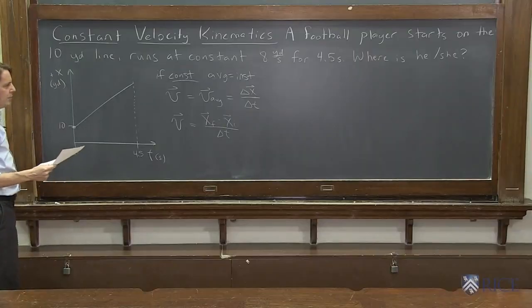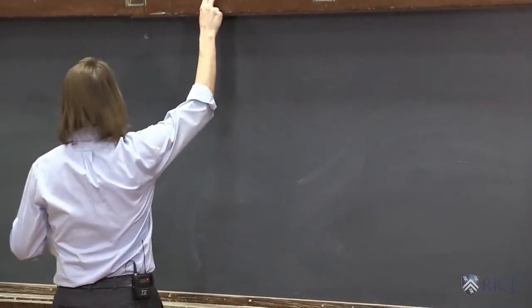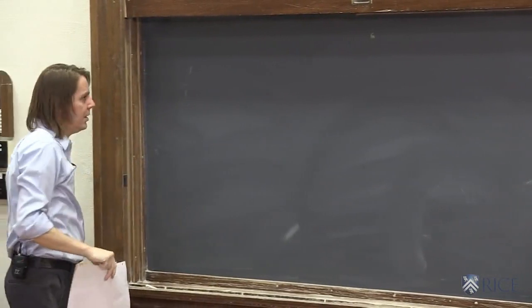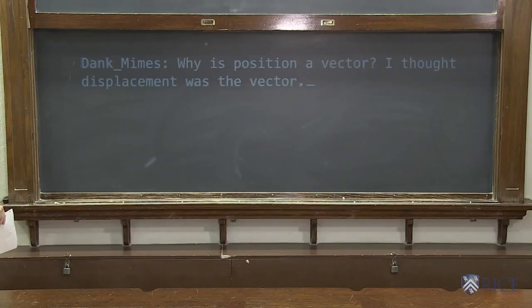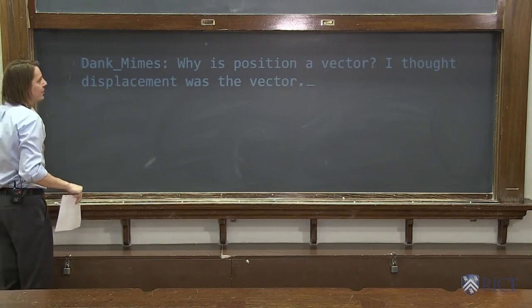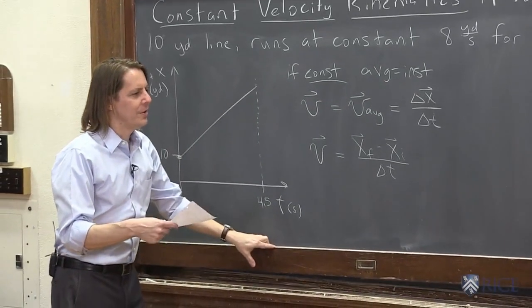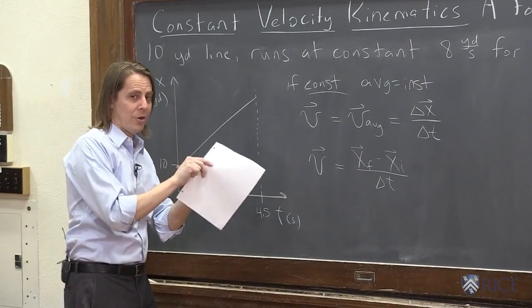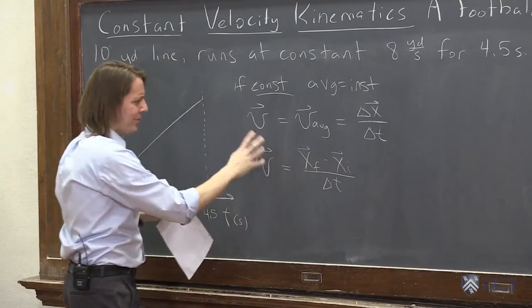All right, and then we have a question, and it is from Dank Mimes. Why is position a vector? I thought displacement was the vector. Okay, now I know what you mean. Yes, so we define displacement as a vector because it's from one place to another. It clearly has a direction. These are positions, but they have to be vectors because this side is a vector.